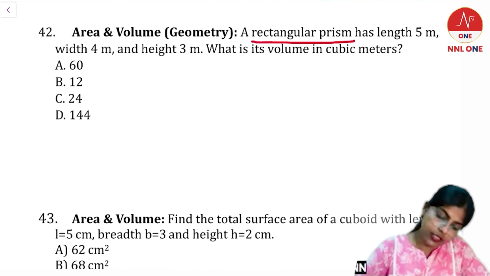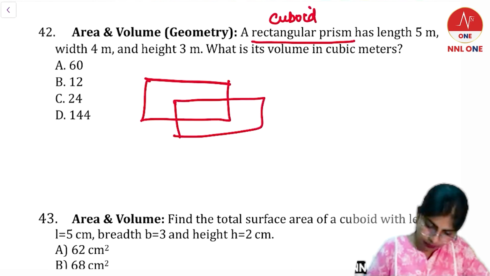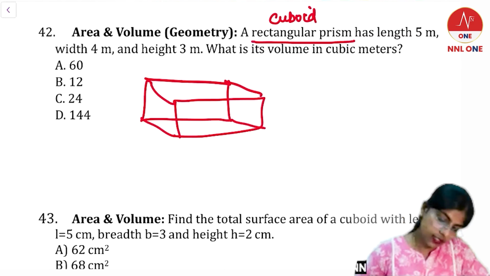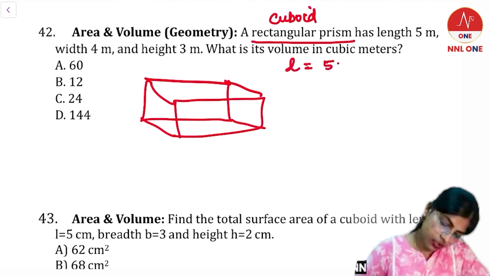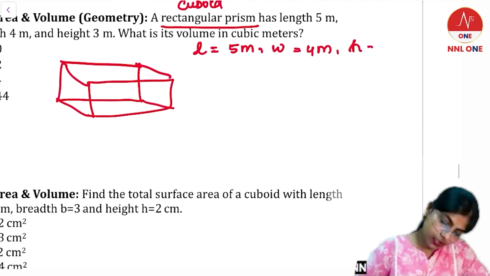Rectangular prism, it is a cuboid. This is a cuboid. So it is a rectangular prism. So it has length 5 meter, width 4 meter and height is equal to 3 meter.